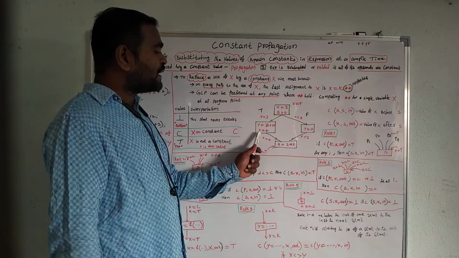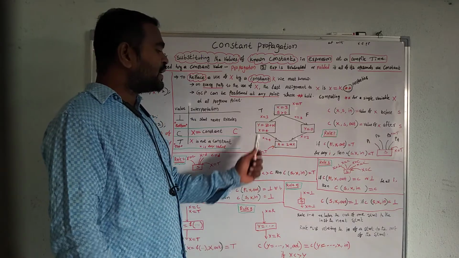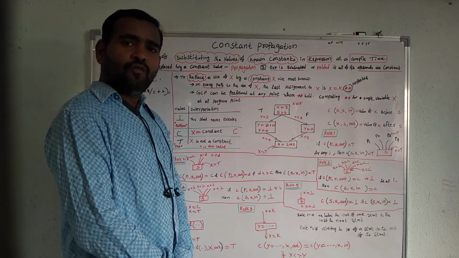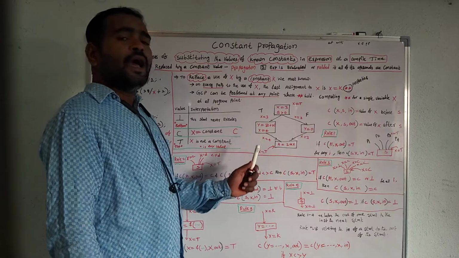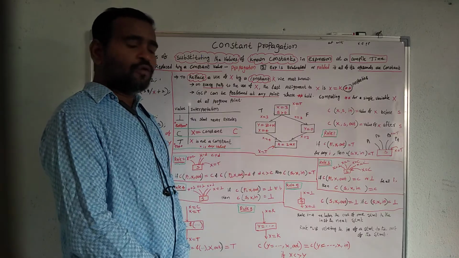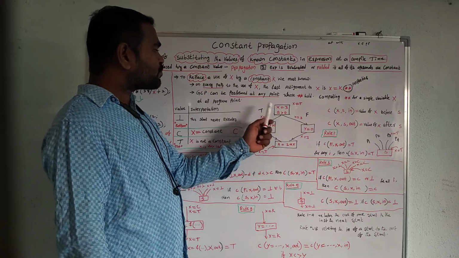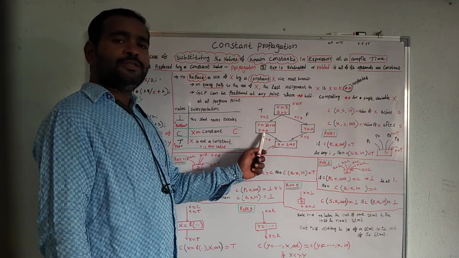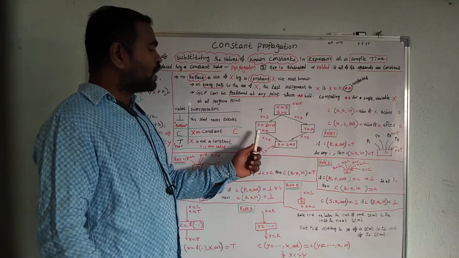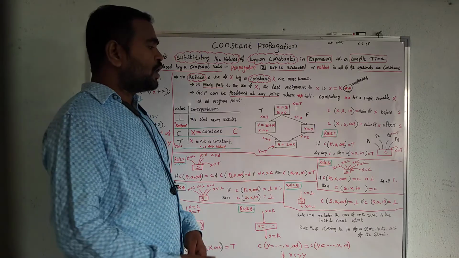Why? Because the x value is redefined in this block, x = 4. Previously x = 3, but in this block I redefine x = 4. The global constant value does not enter this block, because the local variable takes precedence over the global one.